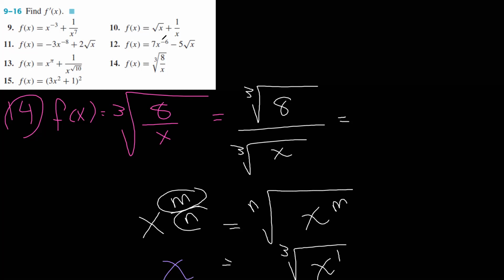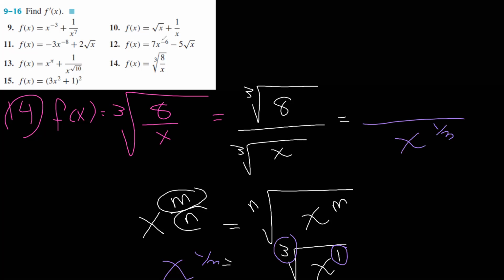You will say it is x raised to the power 3 over 1 or 1 over 3? 1 over 3. No, 1 over 3 without negative. It is just 1 over 3. So here I can write it as x raised to the power 1 over 3.